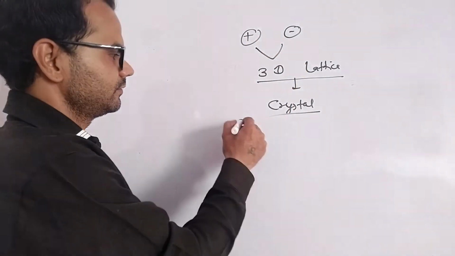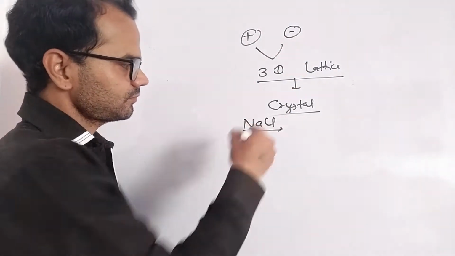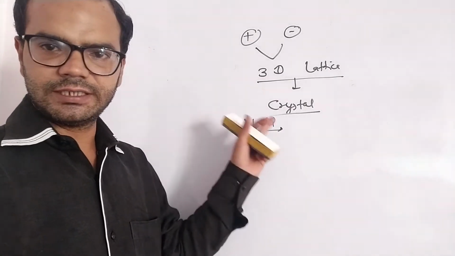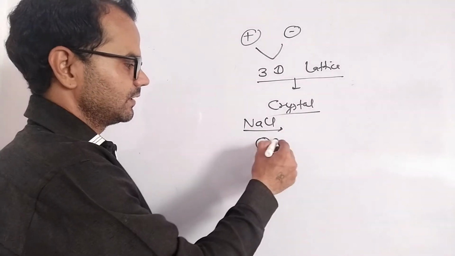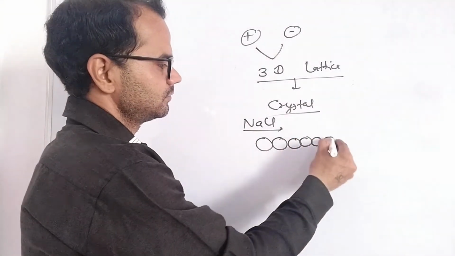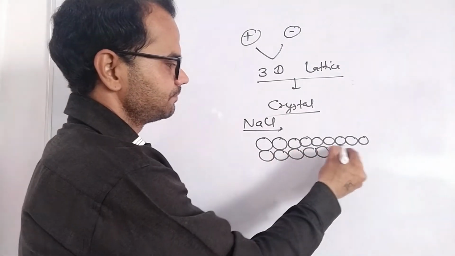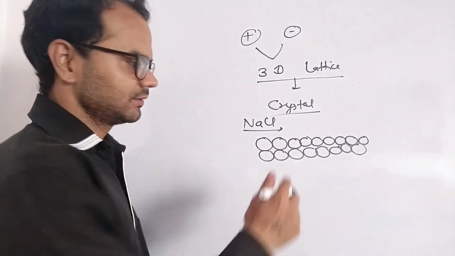For example, we have NaCl. This is an ionic compound again. Metal, non-metal, electropositive, electronegative. I am representing atoms of NaCl packed in a lattice.